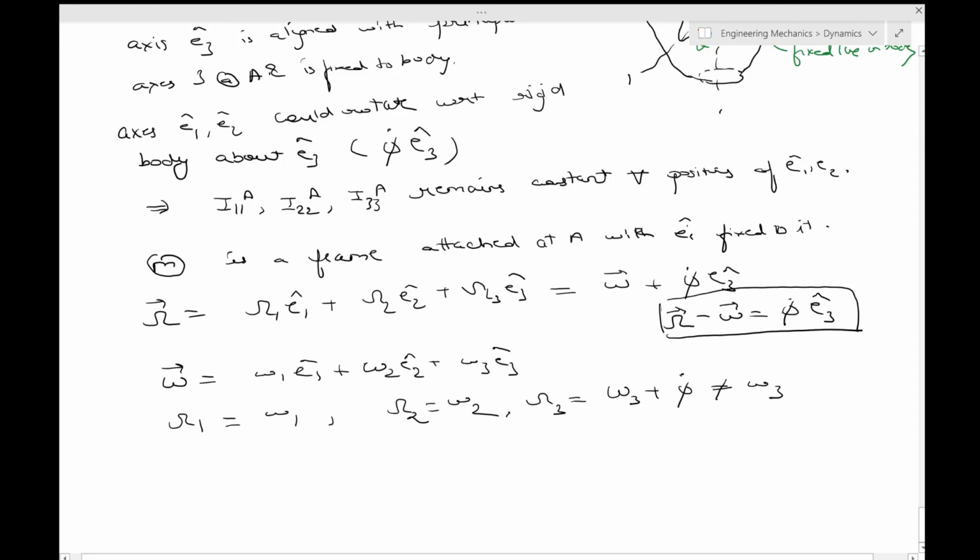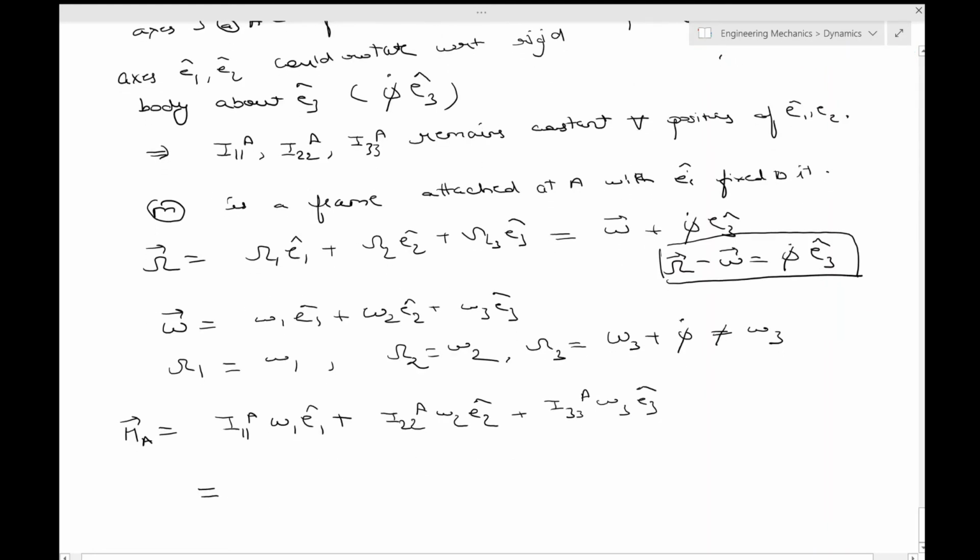Now we want to just use the relation between moment of momentum and the angular rotation, essentially the Euler's equation. So H_A is equal to I_11 of A omega_1 E1 hat plus I_22 of A omega_2 E2 hat plus I_33 of A omega_3 E3 hat. Clearly we are in the principal axis system.